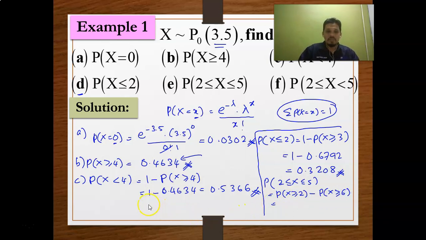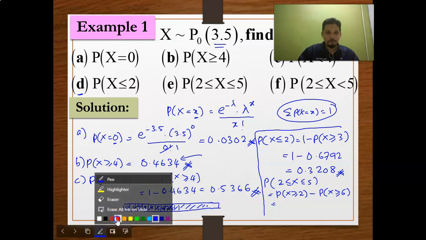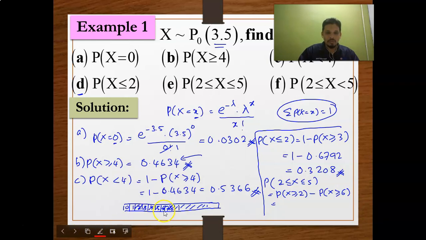Just imagine the blocks 0, 1, 2, 3, 4, 5, 6, 7, 8. Probability of x greater than or equal to 2 begins from 2, minus probability of x greater than or equal to 6, beginning from 6.